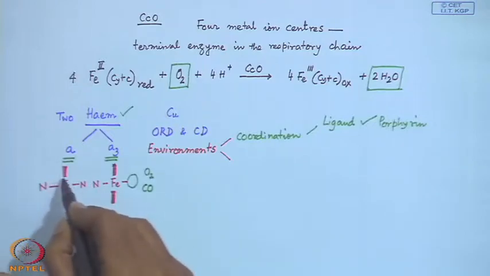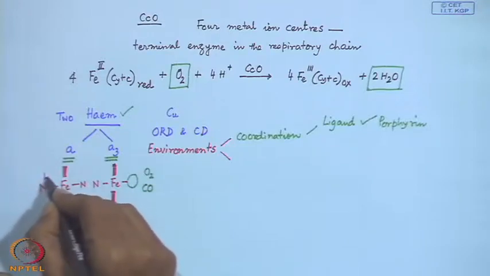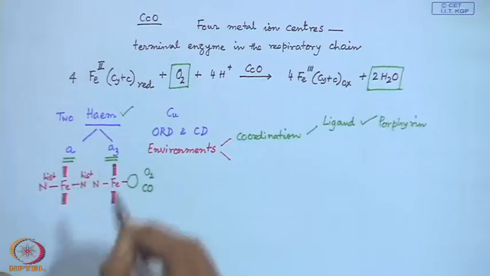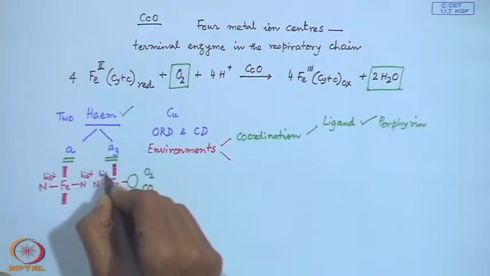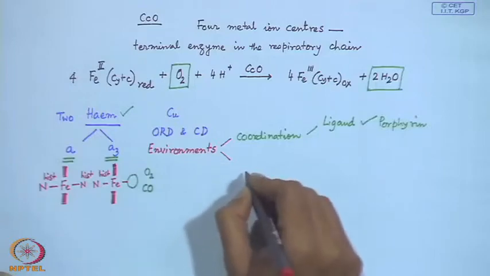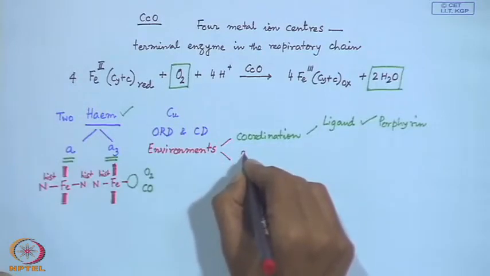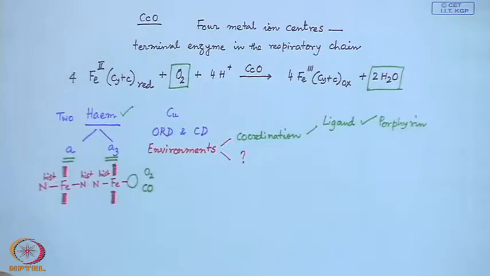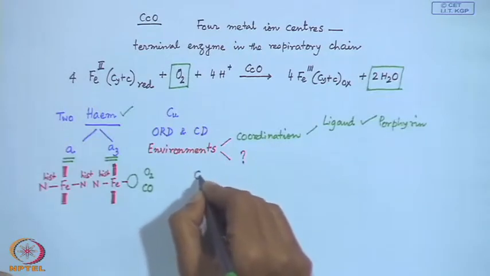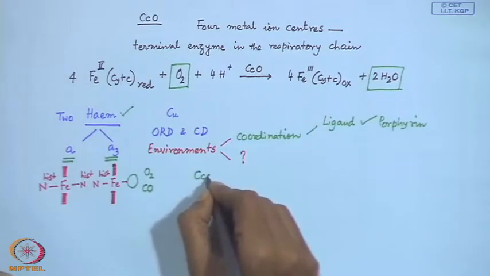One is this iron site, with nitrogen from, as we all know now, the histidine nitrogen, this is also a histidine nitrogen, and the vacancy. So, this second one, what is that?